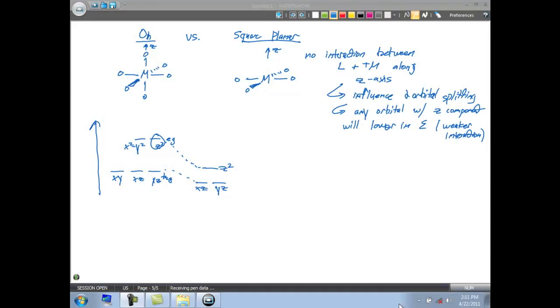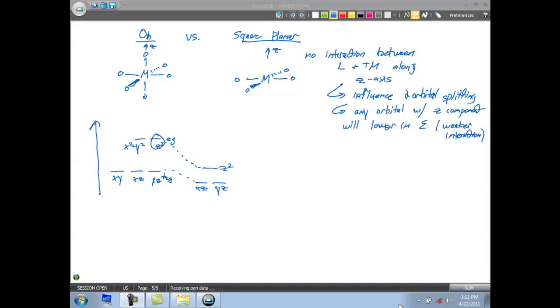One of the things that we're also going to observe, in octahedral complexes and in square planar complexes, is something called symmetry elements that put restrictions on what can happen. In the case of the octahedron, you have 6 ligands. All of those ligands have to have very specific bond angles. And if we define the molecule as an octahedron, all 6 of those ligands have to have the exact same bond length.